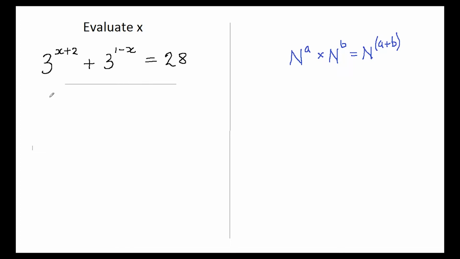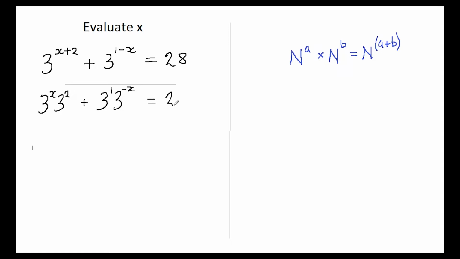So this becomes 3 to the power of x times 3 to the power of 2. And this becomes 3 to the power of 1 times 3 to the power of minus x.